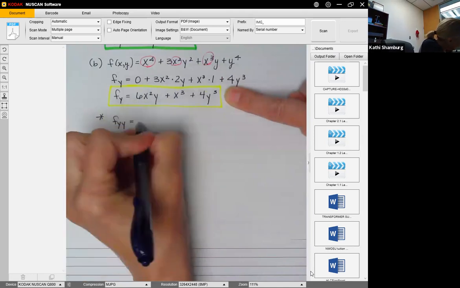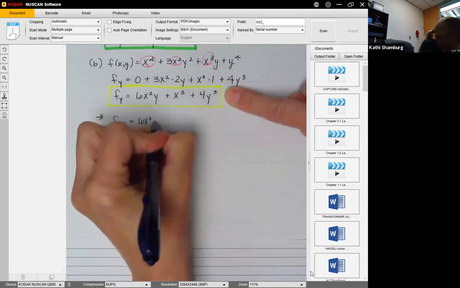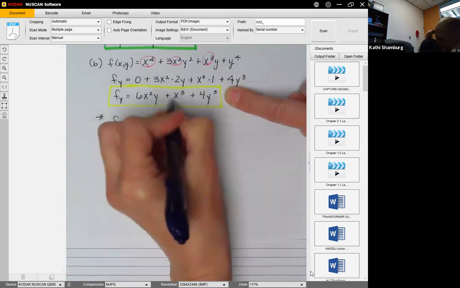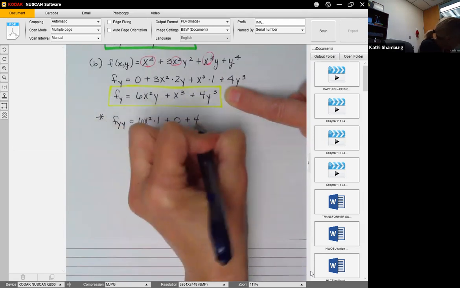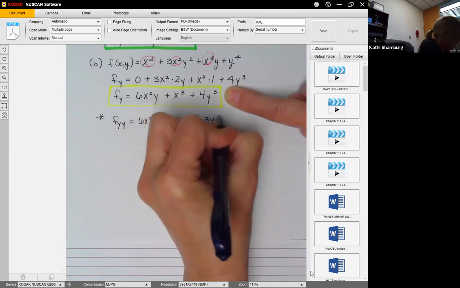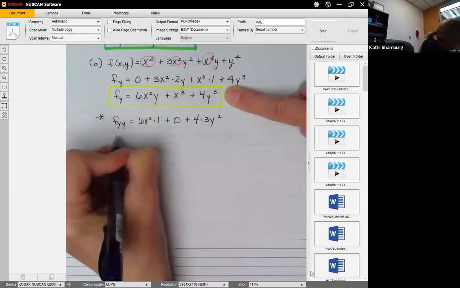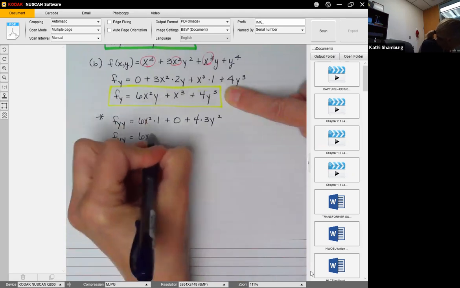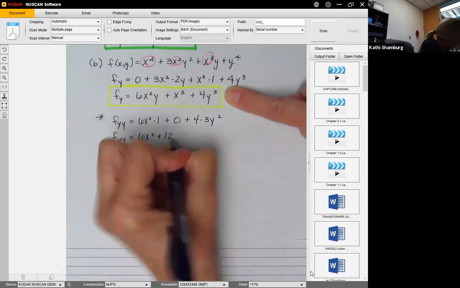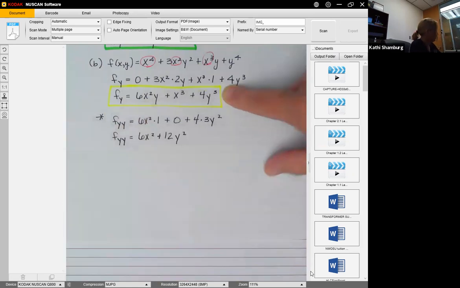So we would get 6x squared times 1 plus, this is a constant, which would be 0, plus 4 times 3y squared. So f sub yy gives us 6x squared plus 12y squared.